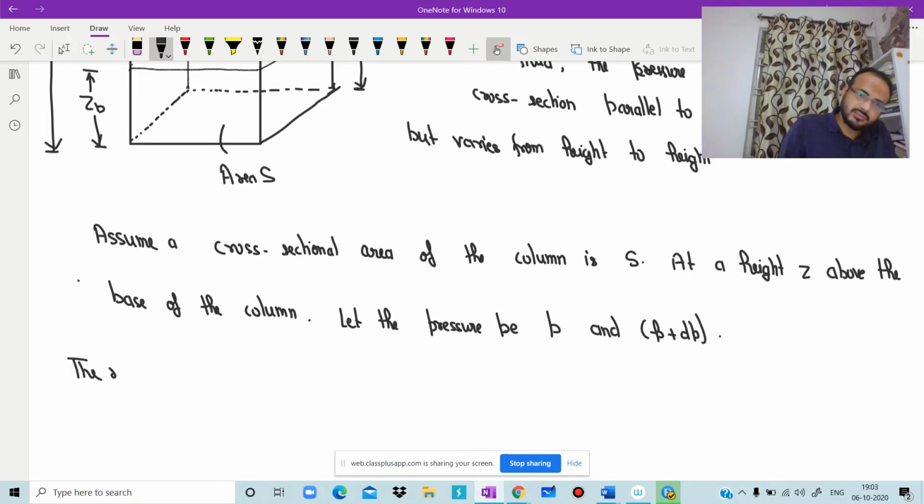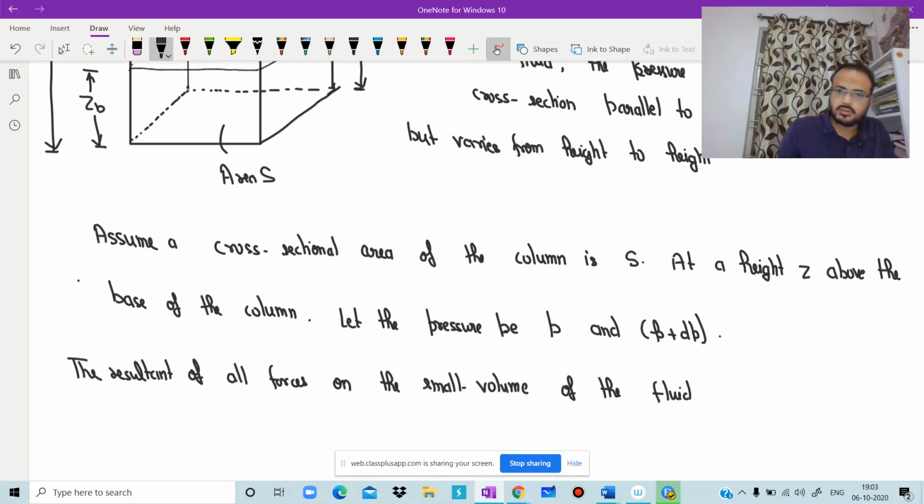So the resultant of all forces on the small volume of the fluid of height dz and cross sectional area S must be 0.